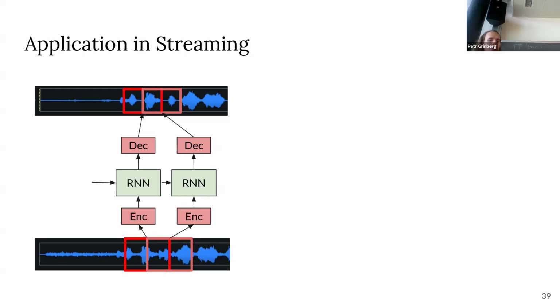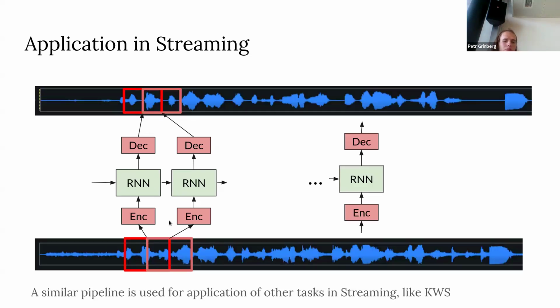But when we work with the second chunk, instead of having H0 equal to 0, we set H0 equal to H3. You see? So this allows us to process chunk number 2 with the information from chunk number 1. So instead of using information only from our current chunk, we can utilize information from previous steps. And we continue this chaining process, and then we can denoise the whole audio.